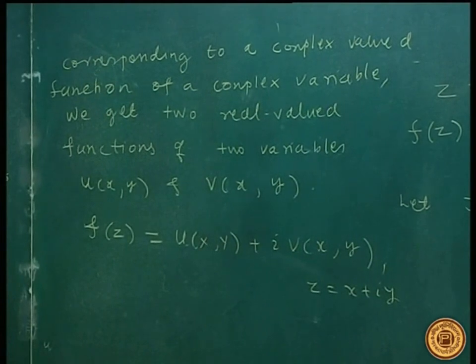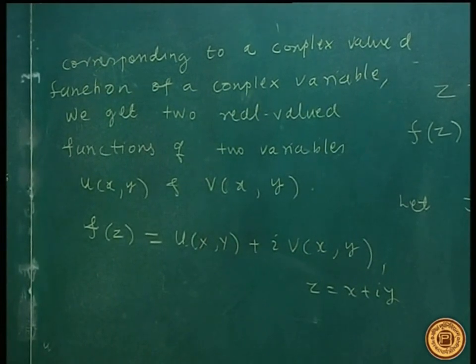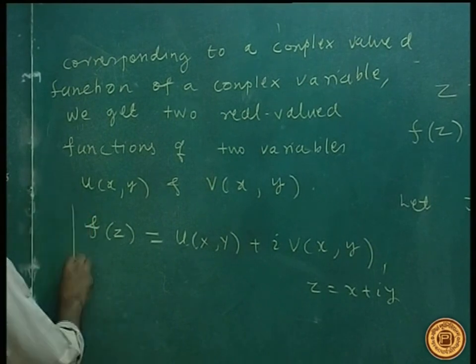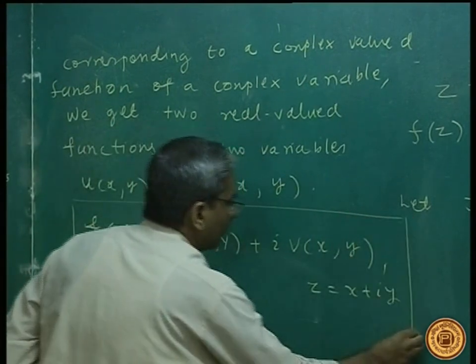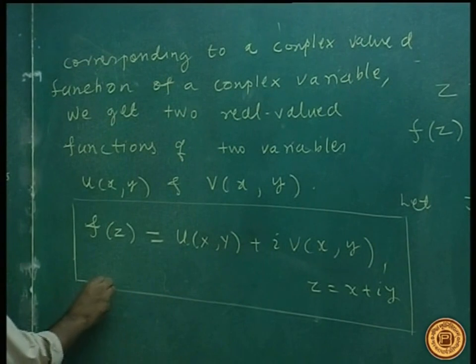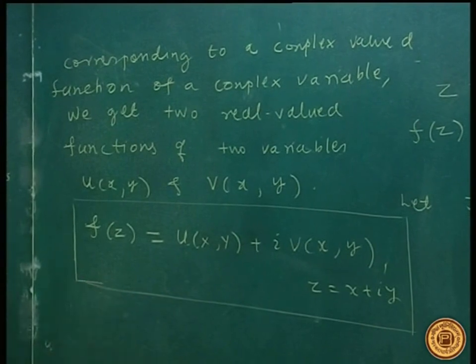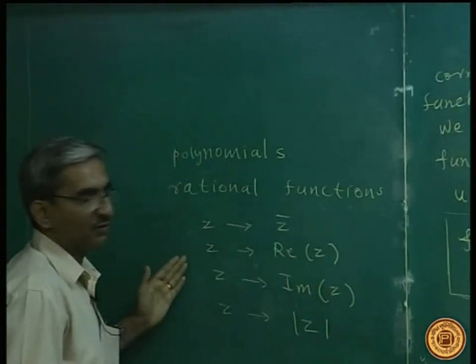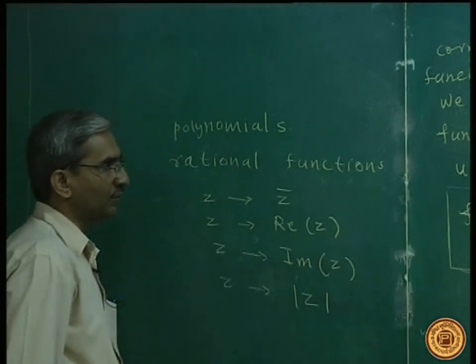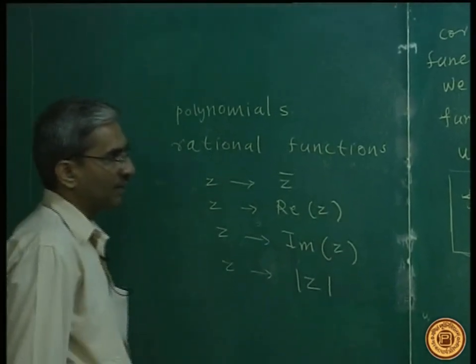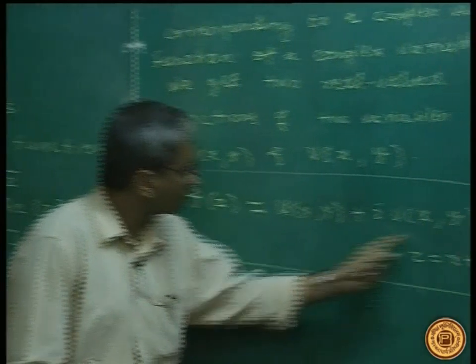Let's compute the real and imaginary part of some more functions, maybe. In all these types of functions we will try to compute the real and imaginary part. But this expression is important.